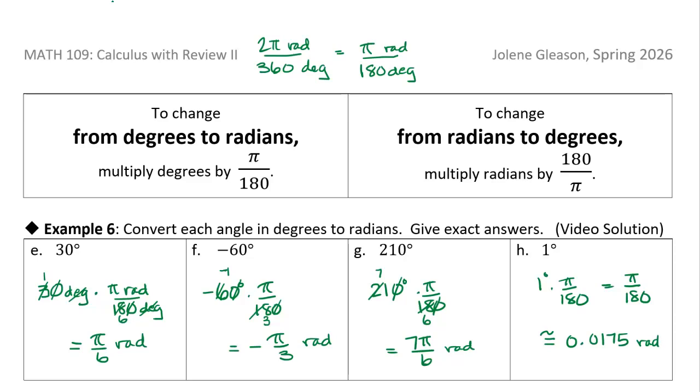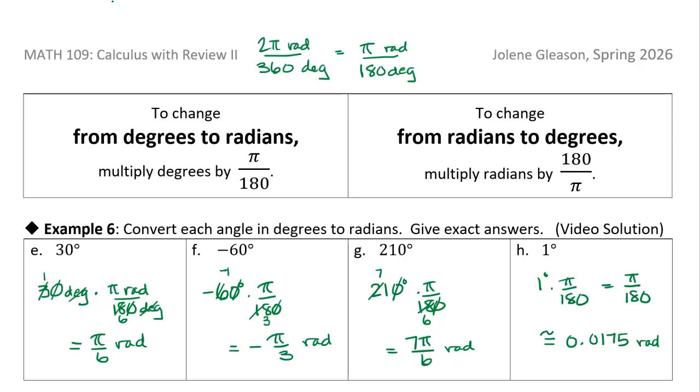But I can leave it as pi over 180. Pi over 180 would be the exact form, but any of these angles in radians that have a pi in it can be converted to a decimal approximation. It's just that typically we write it in exact form.